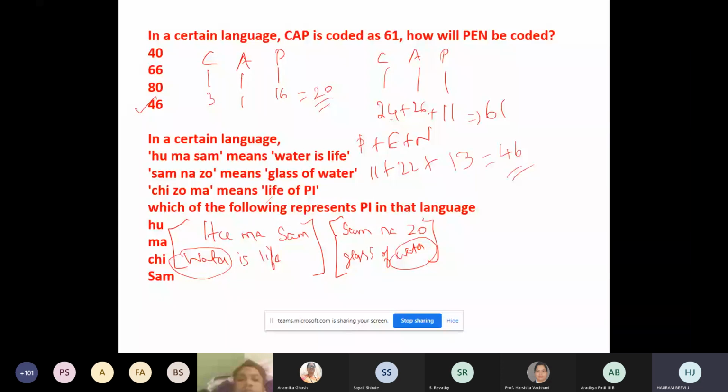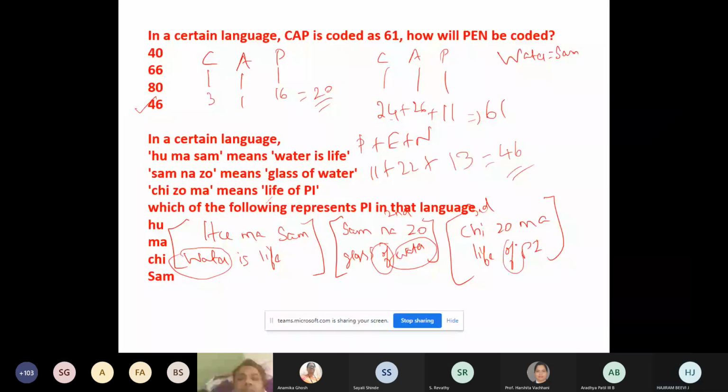Of is common. In the coded sentences, what is common in the second and third? That is Zo. So of means Zo.